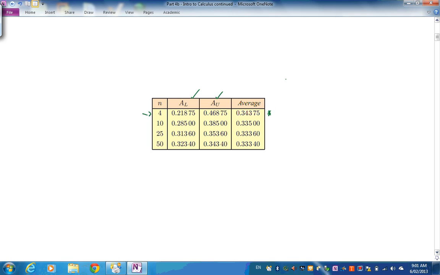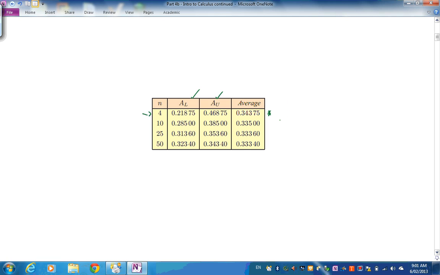So that's one way of estimating the area underneath. You can average them, add them up and divide by 2, somewhere in the middle. That won't always work, of course, because the curve won't be perfectly halfway between the upper and lower, but that's one estimate.